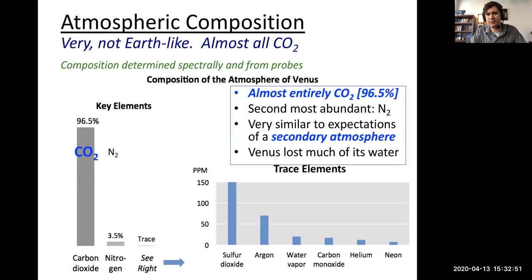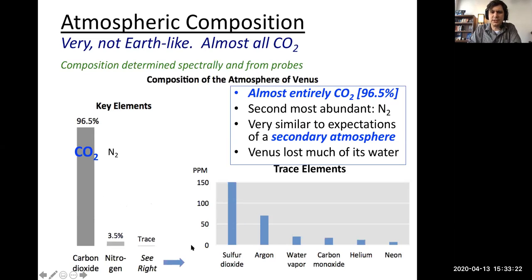At 78% of Earth's atmosphere, only 3.5% of Venus's atmosphere. But this is to be expected, because that same photodissociation event that built up Earth's atmosphere should have been going on in Venus's atmosphere. Venus just didn't get rid of all the CO2 by dissolving in the oceans and locking into the surface rocks. So it has nitrogen as number 2, but it still has all that CO2 in its atmosphere.